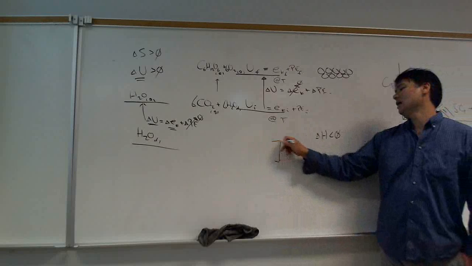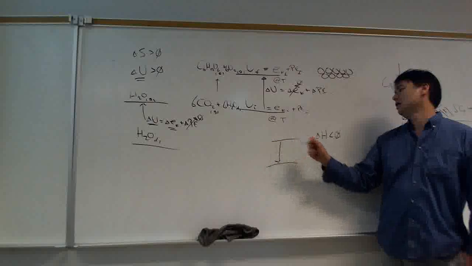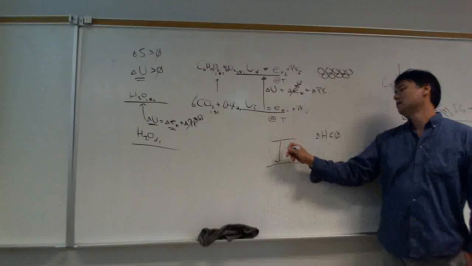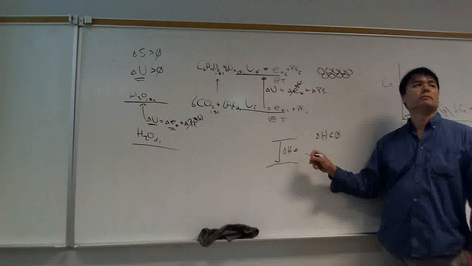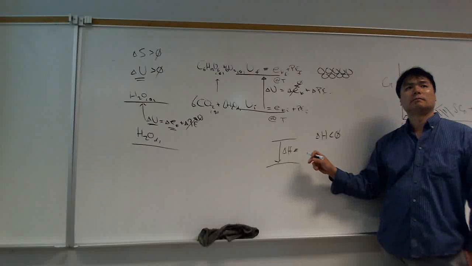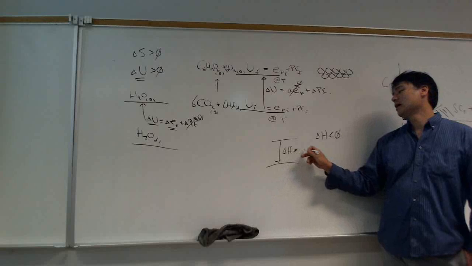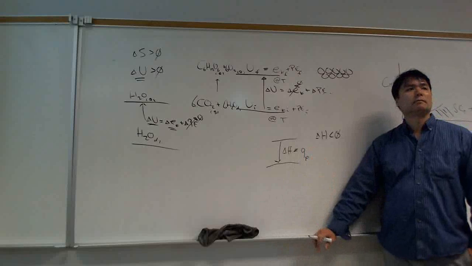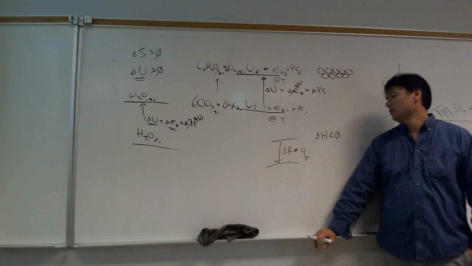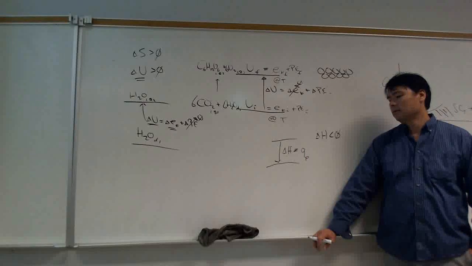When you have delta H less than 0, we know that delta H is defined as what? Delta H is defined as QP, right?